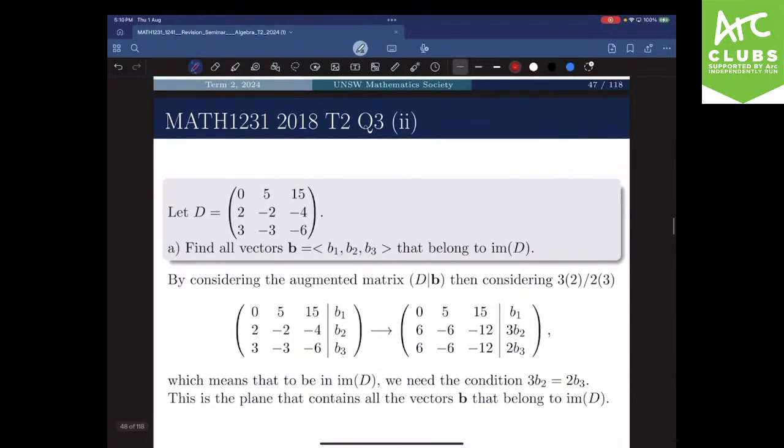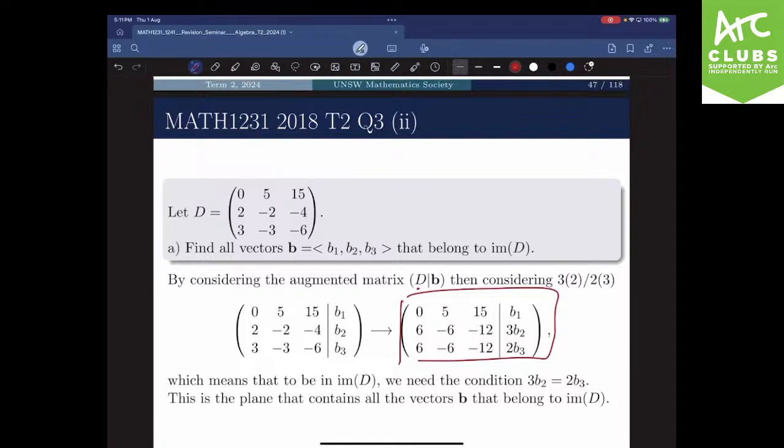If we want to find all vectors that belong to the image of D, we can augment our matrix D with b, and then by multiplying our second row by 3 and our third row by 2, we can get this matrix here.